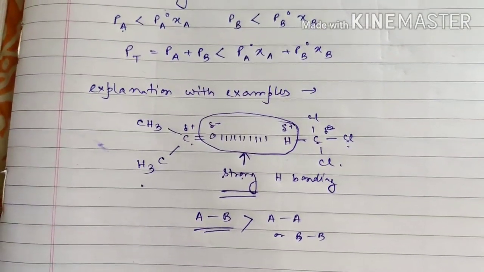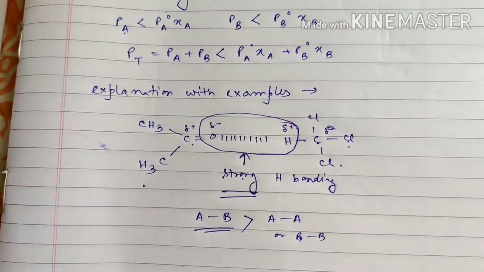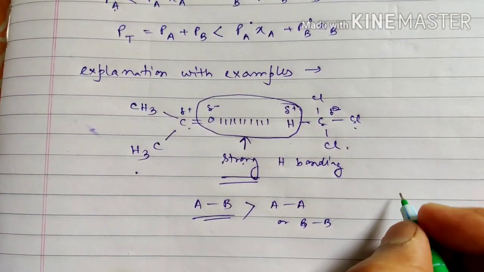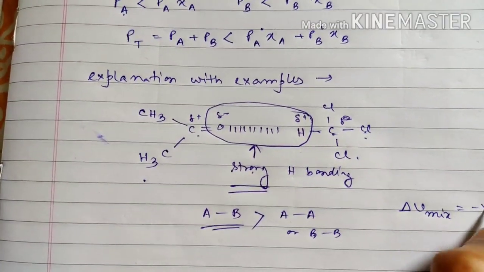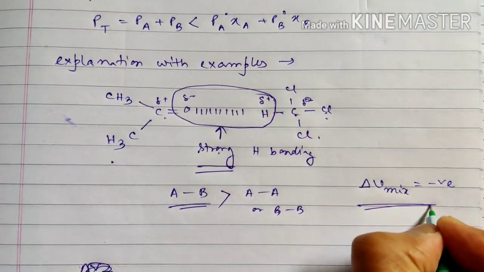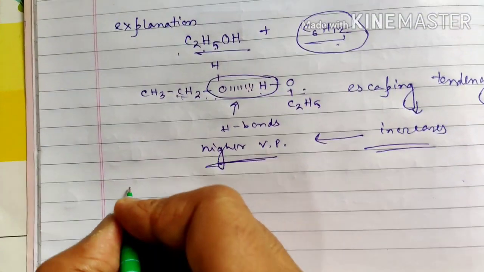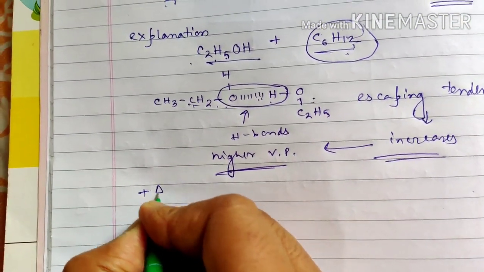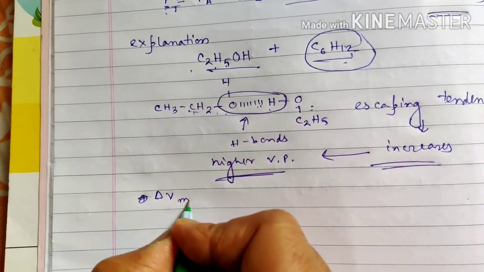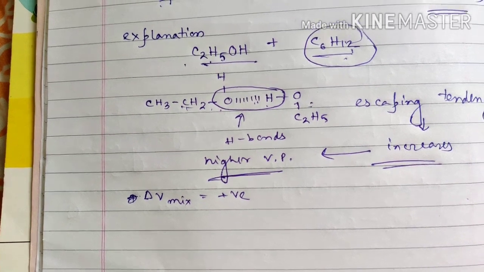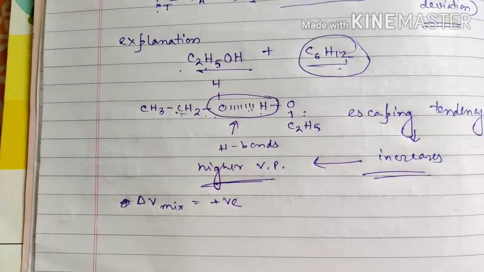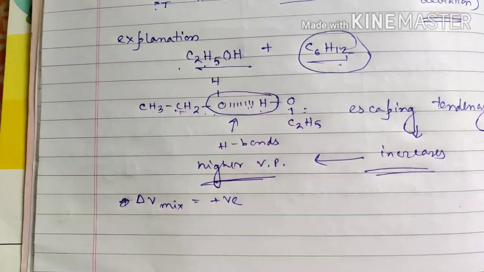We will be observing that delta V mixing is always going to be negative in this case. And in the previous case, we observed that delta V mixing is always positive. So this is the outcome of the non-ideal solution having positive and negative deviation.